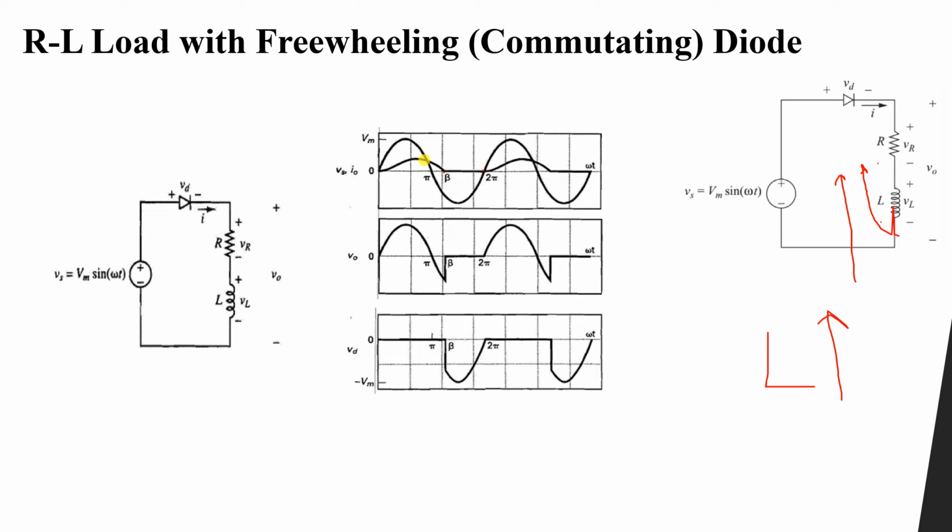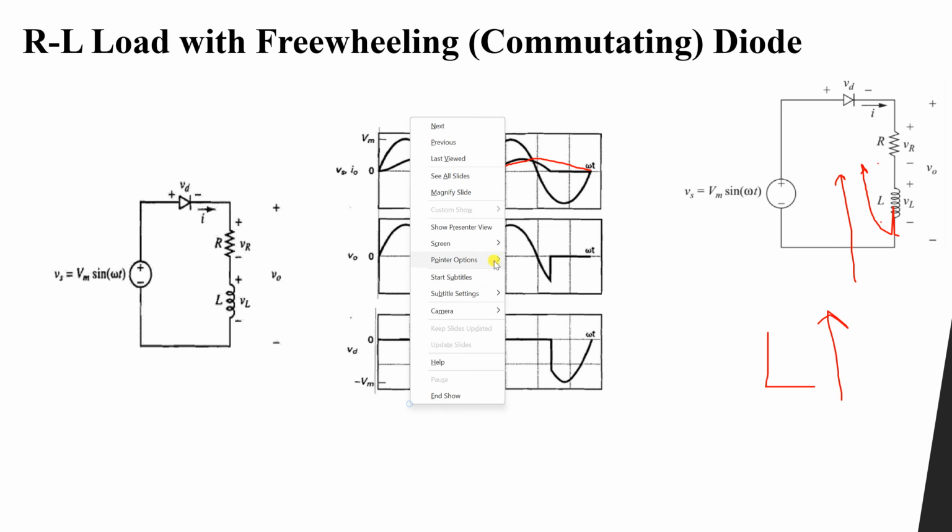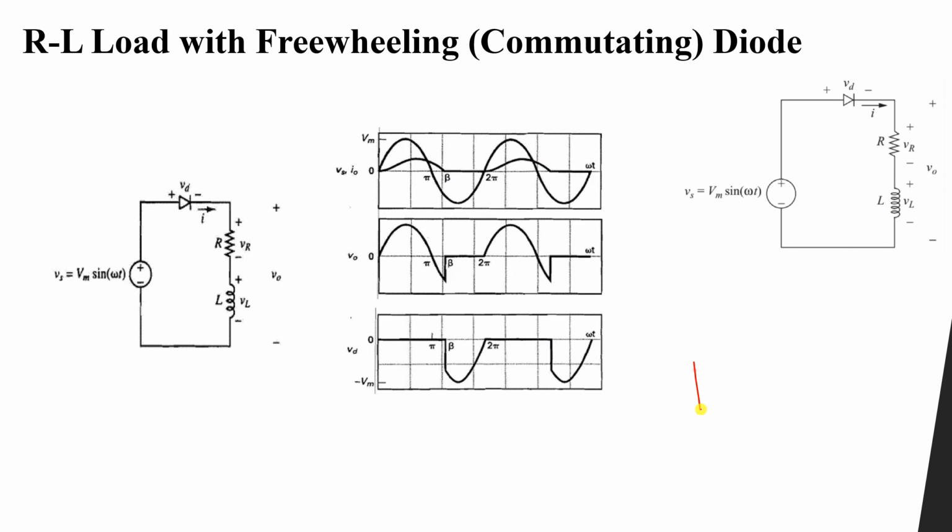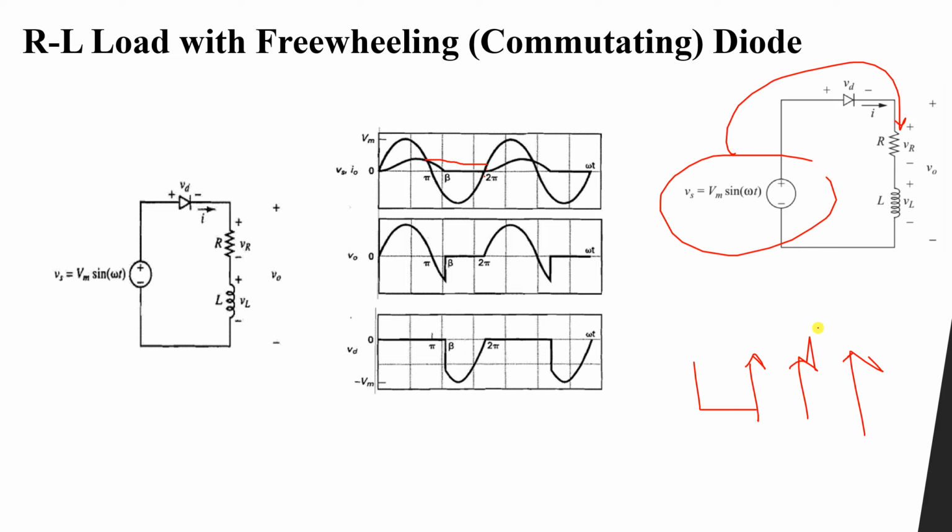So for example, the current will start discharging slowly till 2 pi, then start charging again, then discharging at 2 pi. And even if we increase the inductance too much, adding a large inductance, it will start from here and start discharging and does not reach 0 at 2 pi. Starting from 2 pi, the supply will start charging the inductance again.